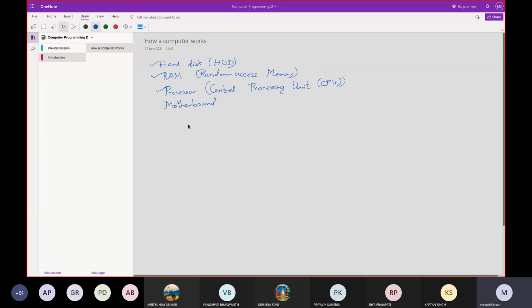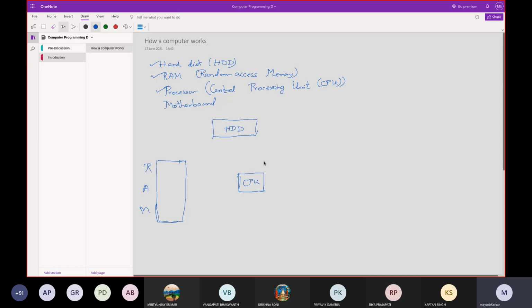So initially, firstly, suppose this is my hard disk, and suppose somewhere this RAM is kept here, and maybe the processor.